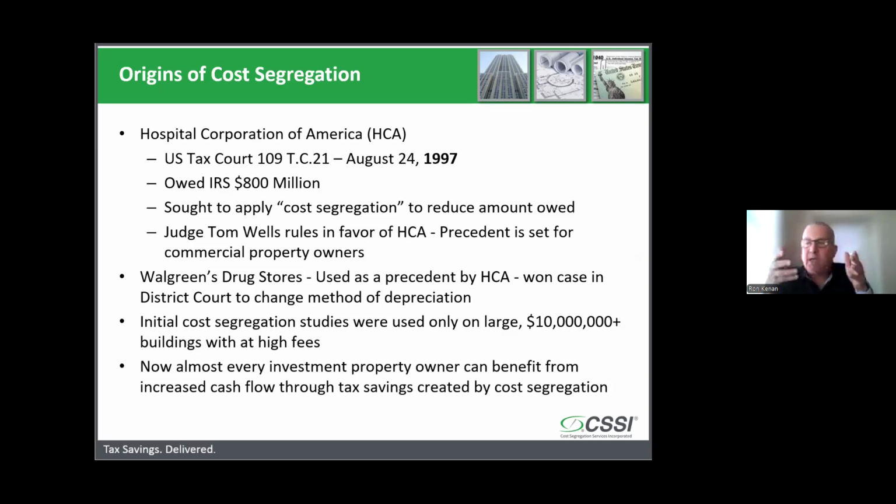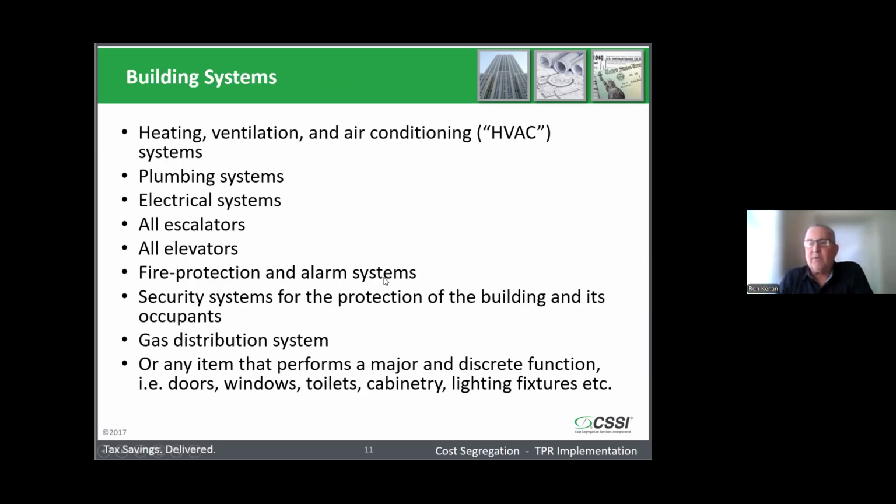And even parking space, okay, you have to pave it and change it and upgrade it more often. So those are examples of some components that can be accelerated when you do depreciation. This went to the Supreme Court and became law somewhere close to 2000, okay? So cost segregation has been around for about 25 years now.